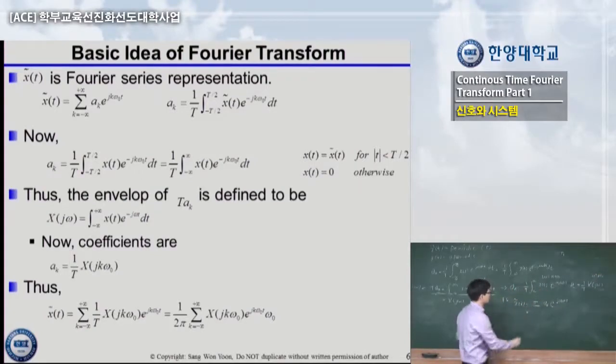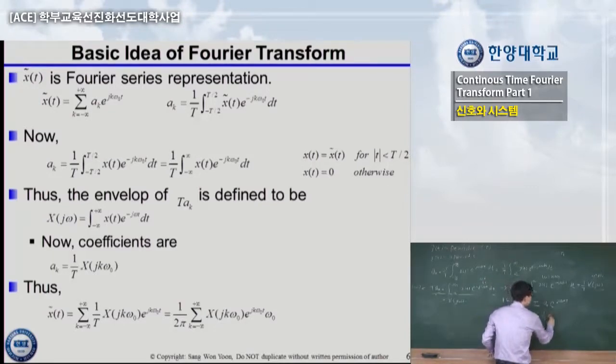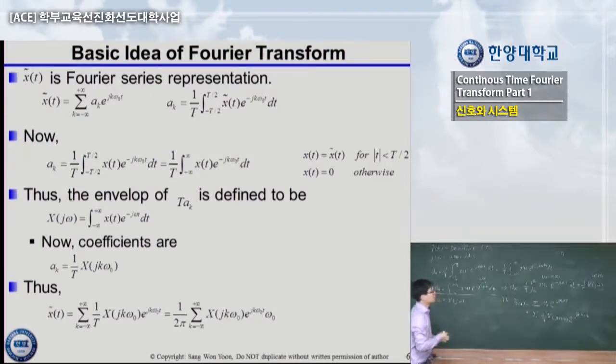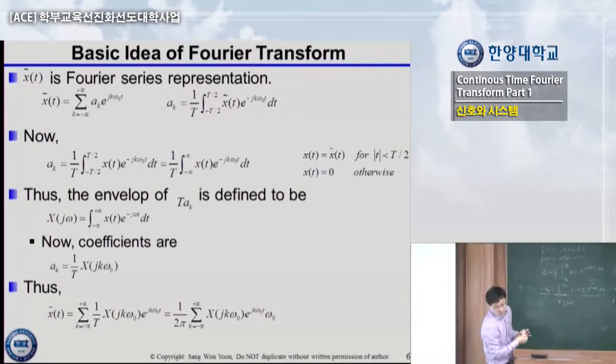So if you put in here, you can consider them as x is like this, 1 over T, X(jkω0), right? And exponential jkω0t. This is what you can see in the last page.